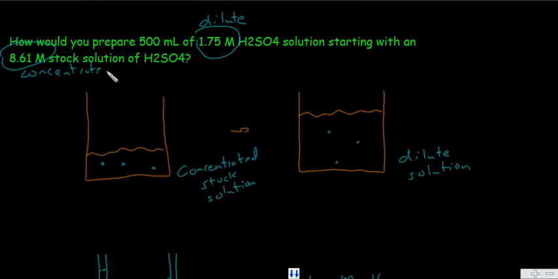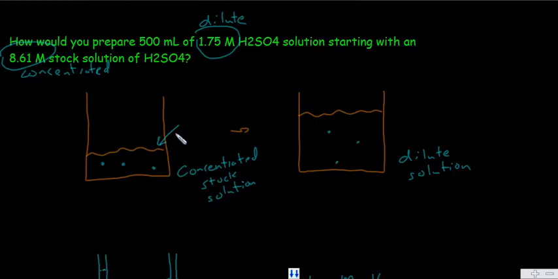Well, we can use an equation to do dilution problems like this. But before I introduce that equation, I just want to introduce the concept. You see, we're taking this stock solution. Now, generally in the back room, I have concentrated solutions, which later can be diluted to give a variety of different dilute solutions.